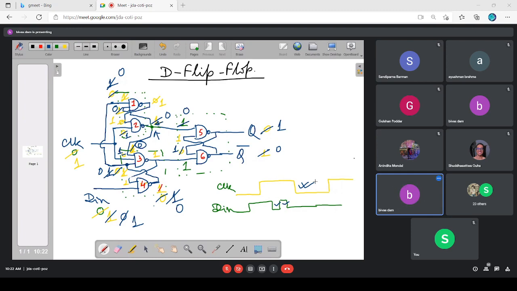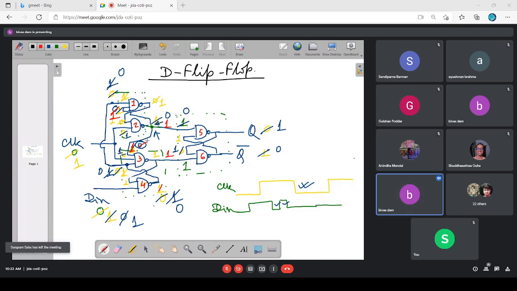When clock becomes 0, again, what happens? Irrespective of the other conditions, these two will become 1. Is it not? Yes, sir. Now, this one will definitely come here. This one will definitely come here. Fine. Anything else?